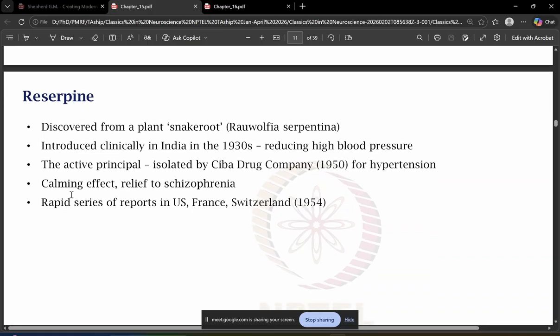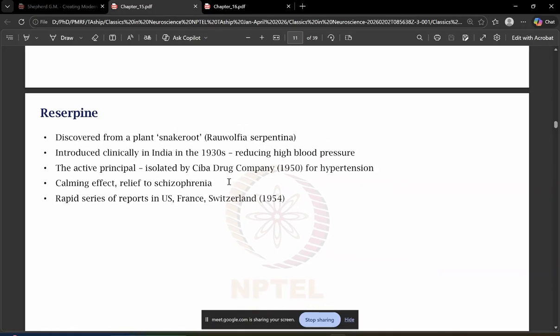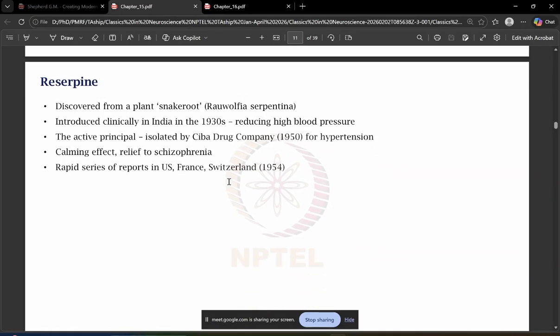And once this calming effect came to light, it was shown that it might be used as a drug against schizophrenia. So in schizophrenia, a person becomes very agitated. The person has hallucinations. The person has delusions. The person completely loses touch with reality, basically.